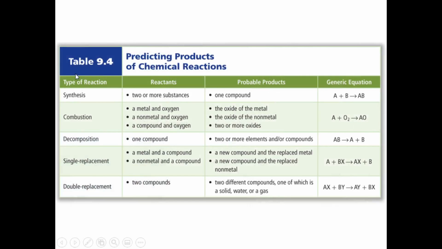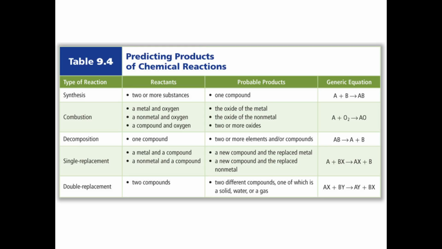And so these are all of our types of reactions. This is kind of like a summary table: synthesis, combustion, decomposition, single replacement, and double replacement. You'll notice combustion's up here with synthesis because combustion is just a special type of synthesis. And we have our generic equations for all of them and our probable products. Synthesis, we always form a compound. Combustion, we're always going to form oxides, or in the case of burning hydrocarbons, carbon dioxide and water.